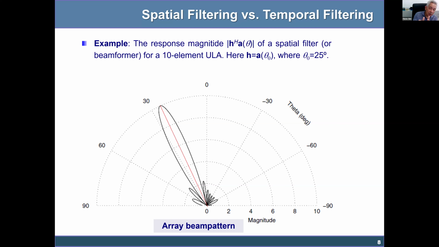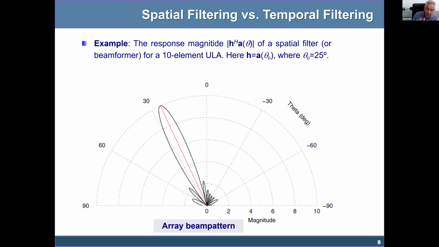So in other words, you try to isolate as much as possible the signal coming from a specific direction. So through spatial filtering, we introduce selectivity in the angle domain.